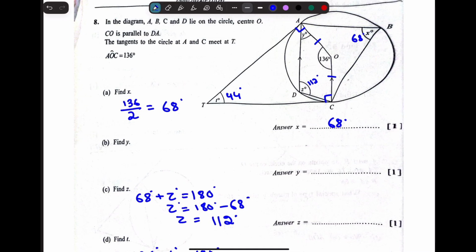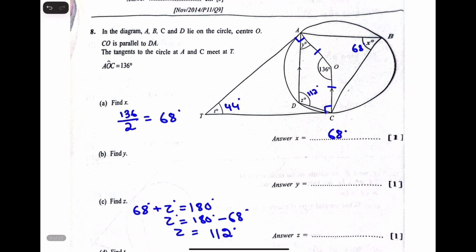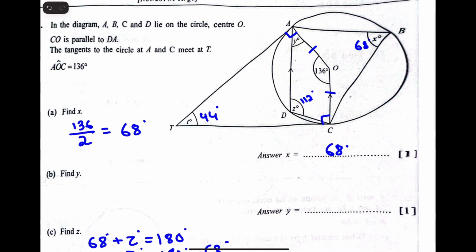Now we need to figure out angle Y. Yes, parallel lines, right? We have a transversal line. So the sum of co-interior angles is 180.